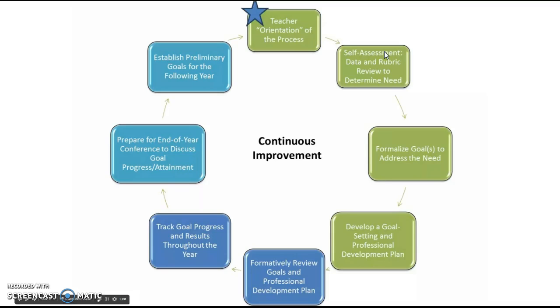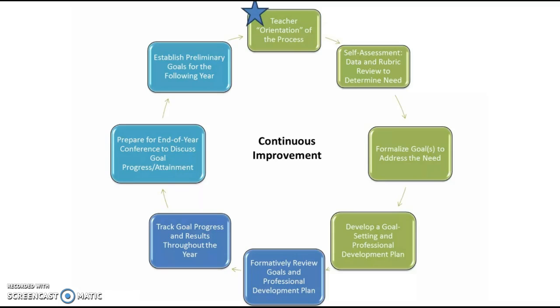And then we're going to review, and we're going to talk, and we're going to determine needs, and then we're going to develop goals. And so right now, you just be thinking about the different areas in your instruction that you would like to focus on. We're not even talking about having anyone had been in your room yet. We're just talking about you thinking about what would you like to improve on with your instructional practice.